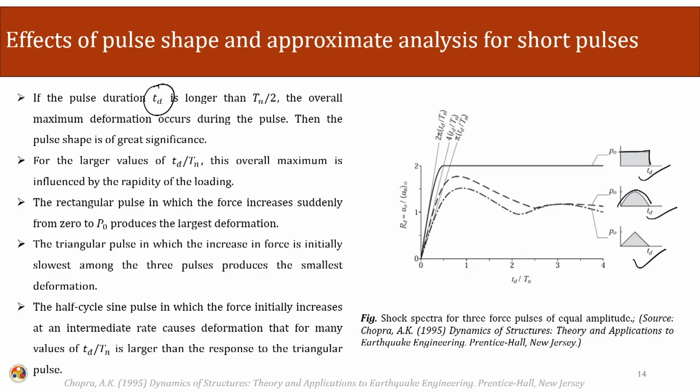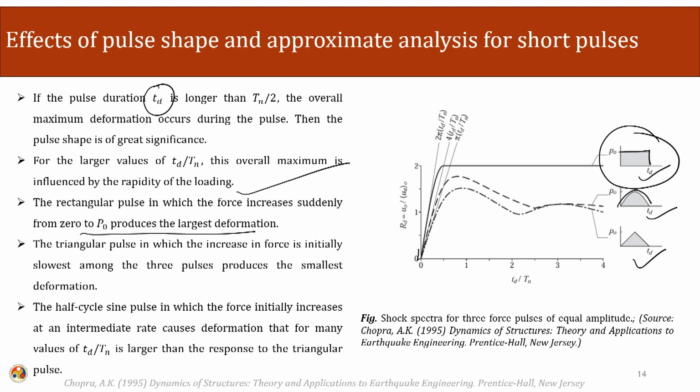If the ratio of Td over Tn is large, then the overall maximum is influenced by the rapidity of the loading, that is, how fast the loading is being applied. The rectangular pulse, in which the force increases suddenly from 0 to P naught, produces the largest deformation. Here there is a rapid change in the loading.